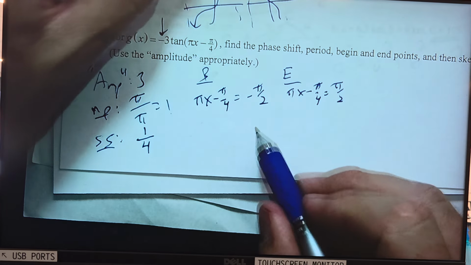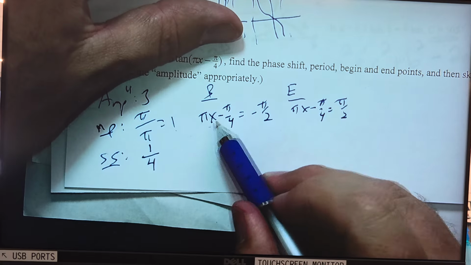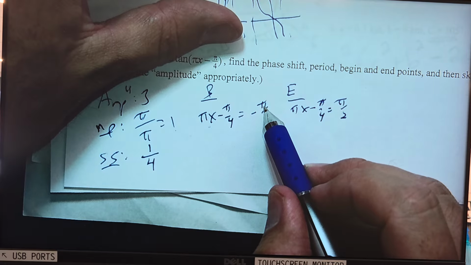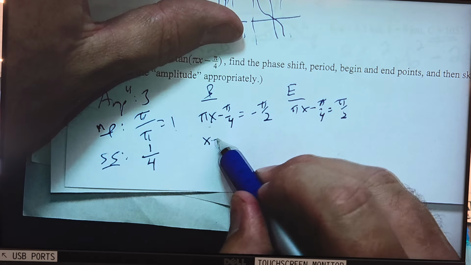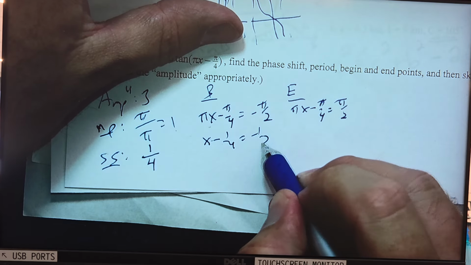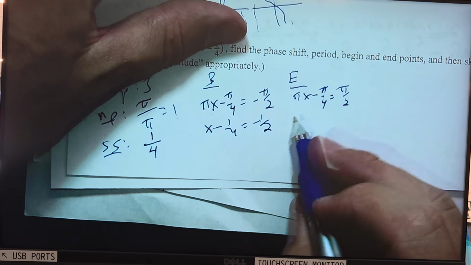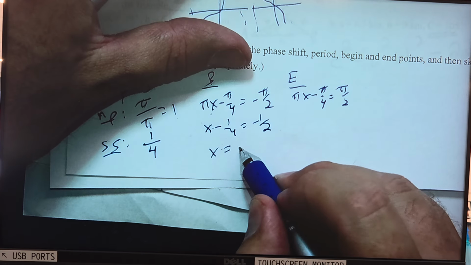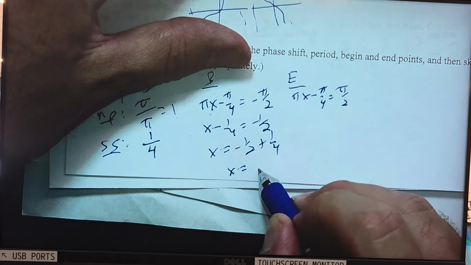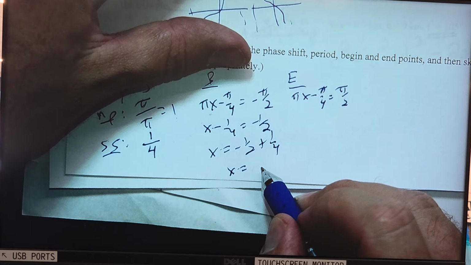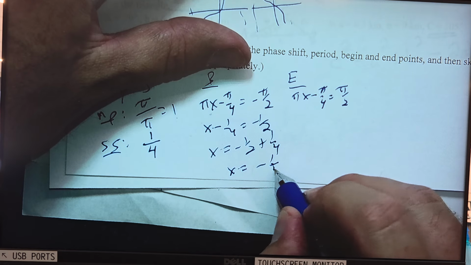So watch what I can do. Does every term have a pi in it? Yeah. So I can divide by pi. Then I just add 1/4. What's negative 1/2 plus 1/4? Negative 1/4. Cool.